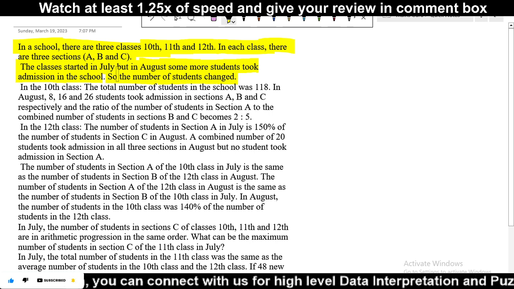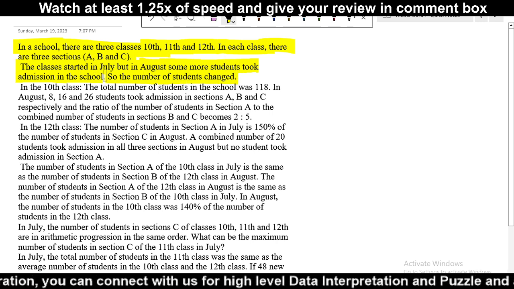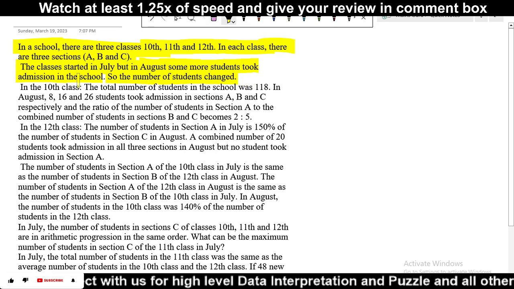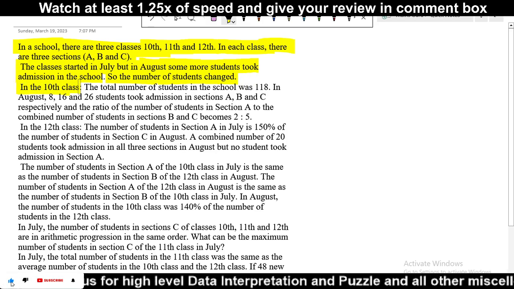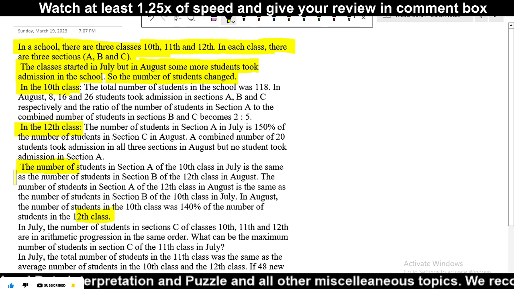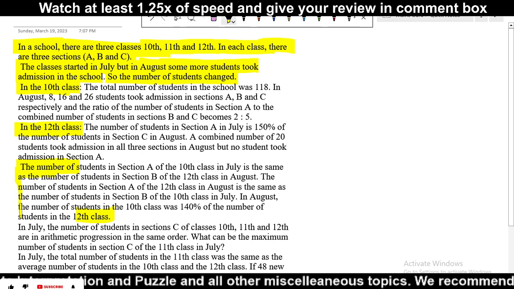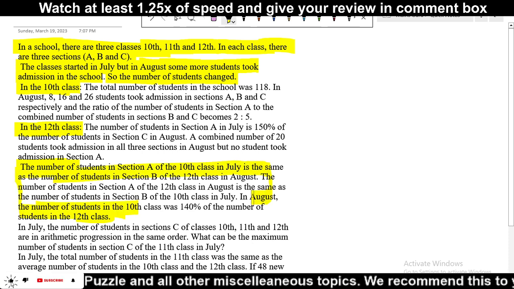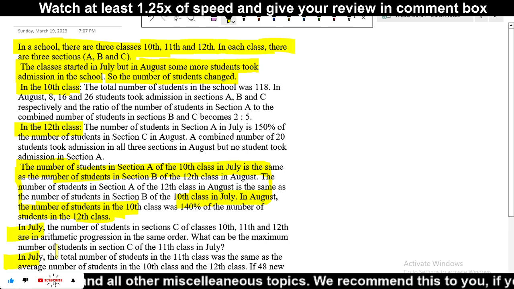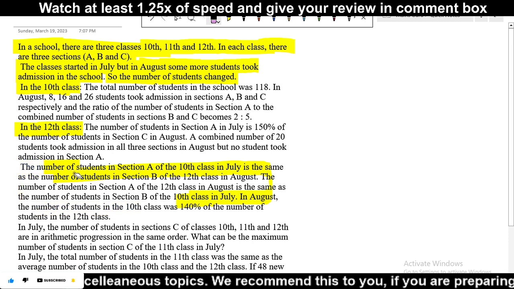Here the 10th class data is given, and here the 12th class data is given. Some additional information is also given. We will also solve two questions at the end of the video.